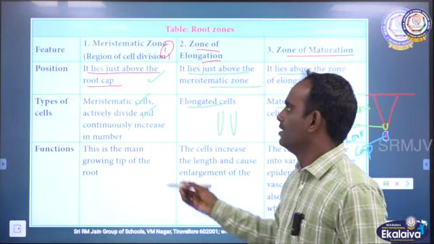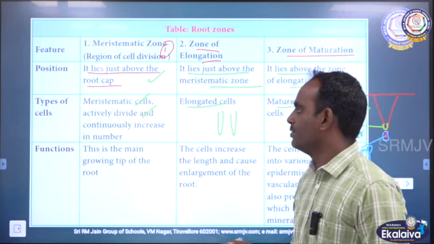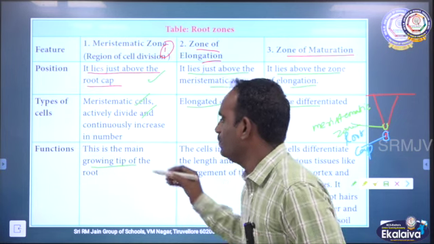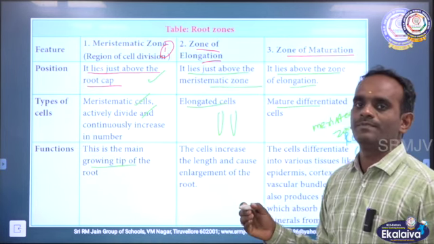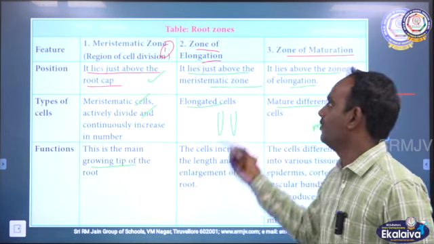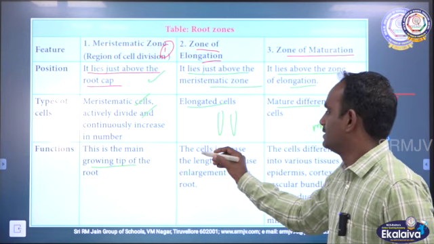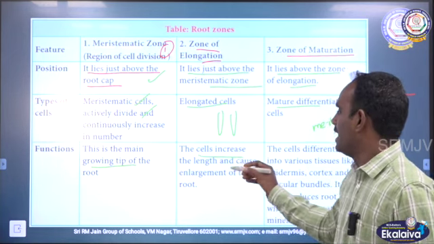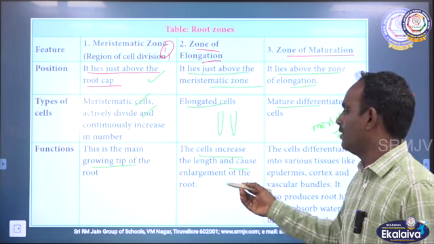Then functions of meristematic zone. This is the main growing tip of root. Okay. Then functions of zone of elongation, the cells increase in length and cause enlargement of the root.